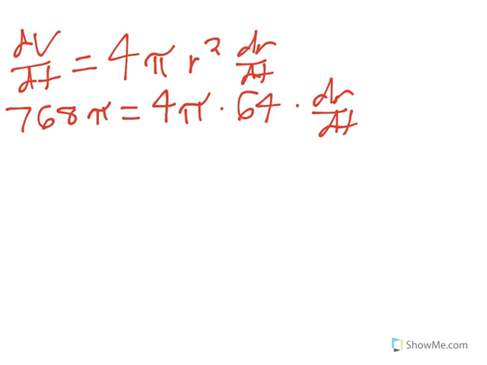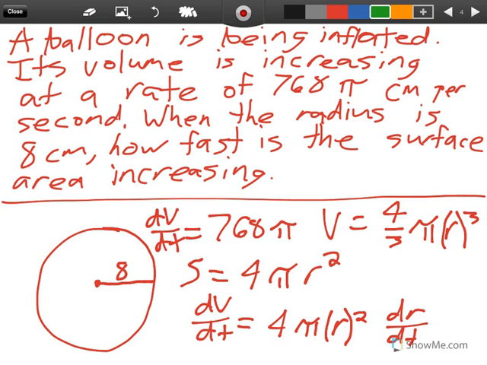We're going to solve for dr/dt, so we can also use that to find the surface area. When we take the derivative of surface area, it'll be dS/dt equals 8 pi r dr/dt. So we're trying to find dr/dt so that we can use it to find dS/dt.